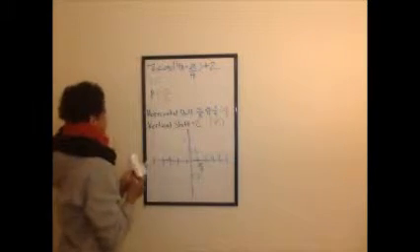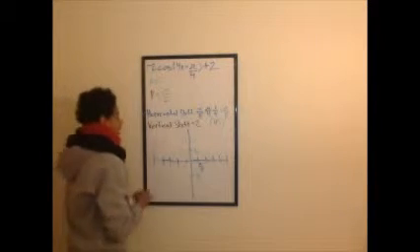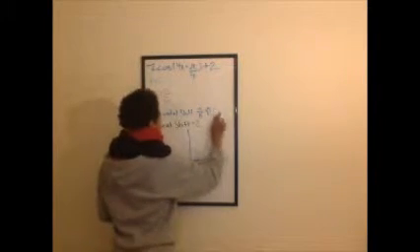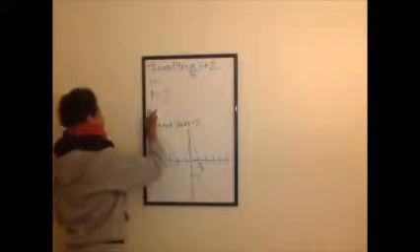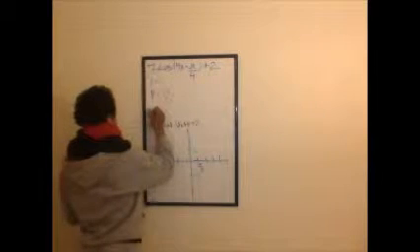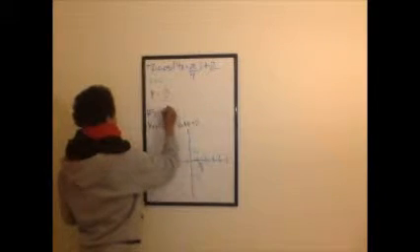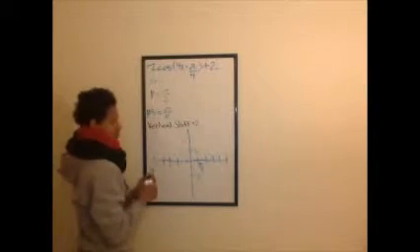And now we're going to erase our horizontal shift that we know is pi over 8. So let's just write that down. Horizontal shift equals pi over 8. And then our vertical shift equals 2.